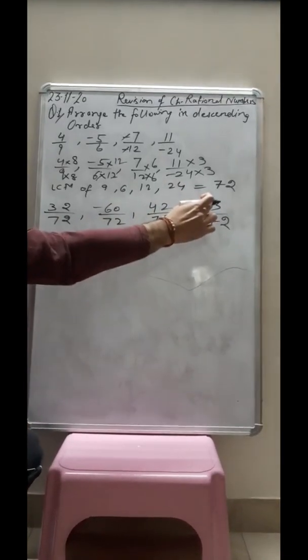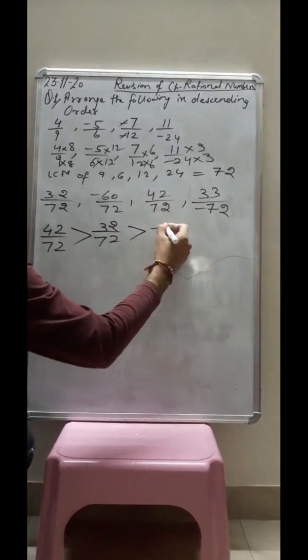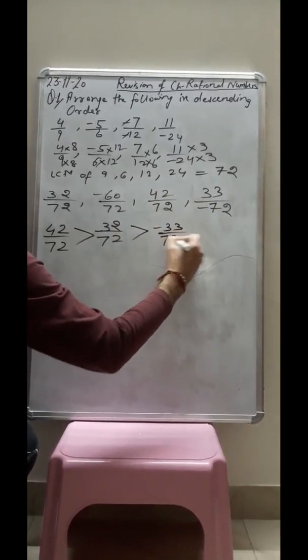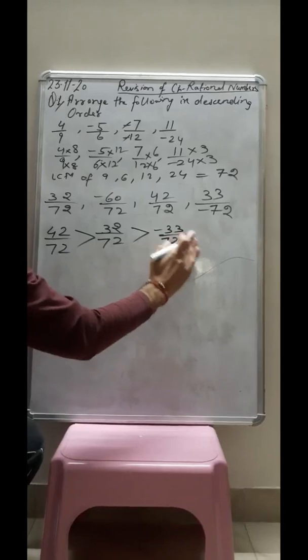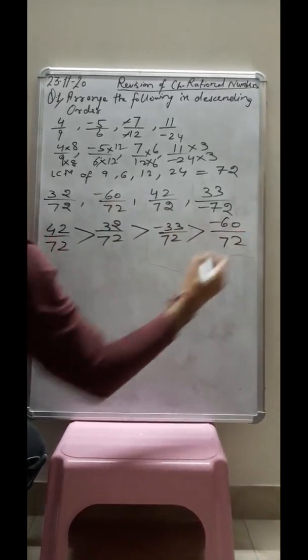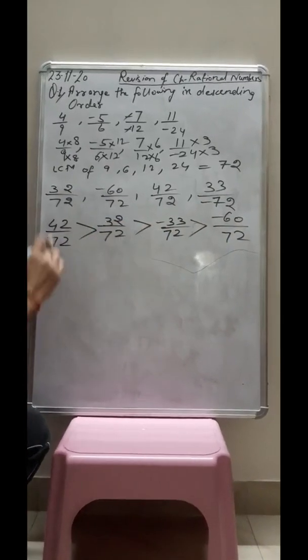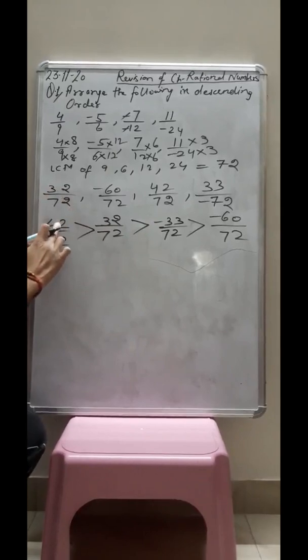So the smaller negative will become greater negative. So this we can write it as minus 33 upon 72 and this will be greater than minus 60 upon 72. So this we have arranged in descending order. Now we have to put the original one. So 32, this is 42.